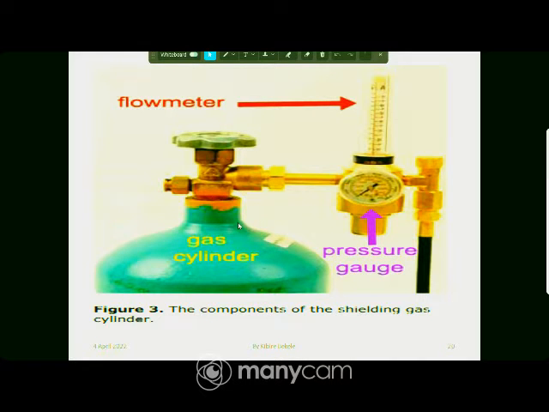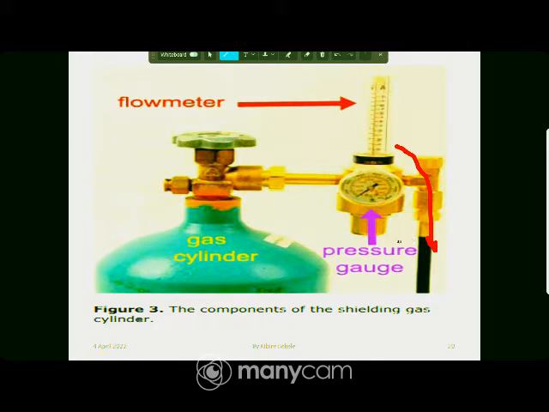So here there is a flow meter. This is a flow meter. There are graduations here, and you can adjust depending on these. This controls the flow of the gases through this gas hose.